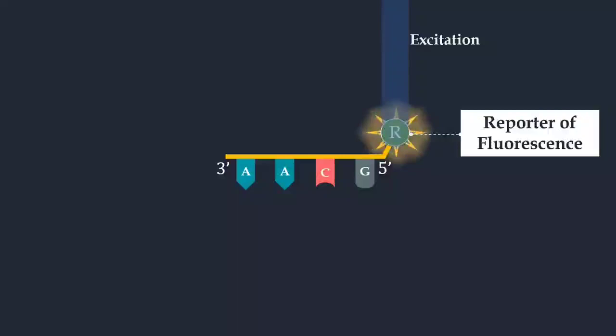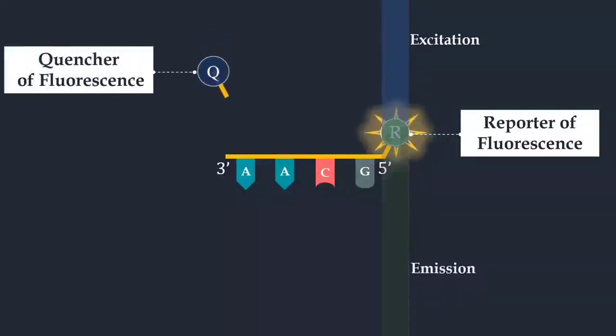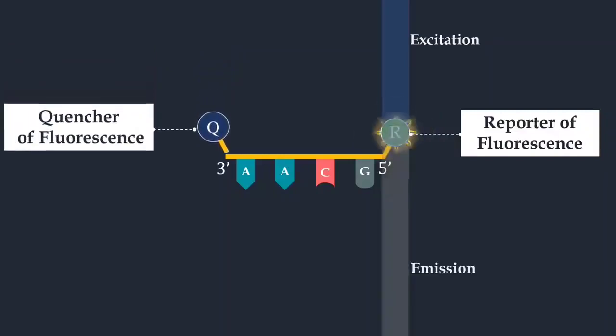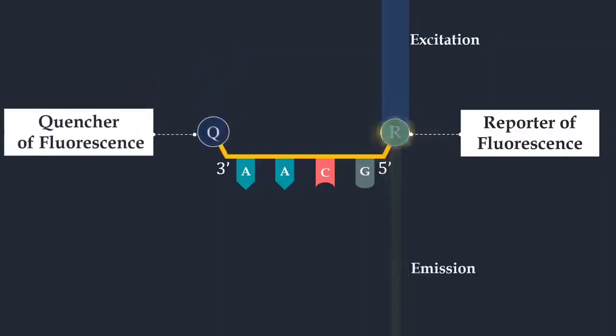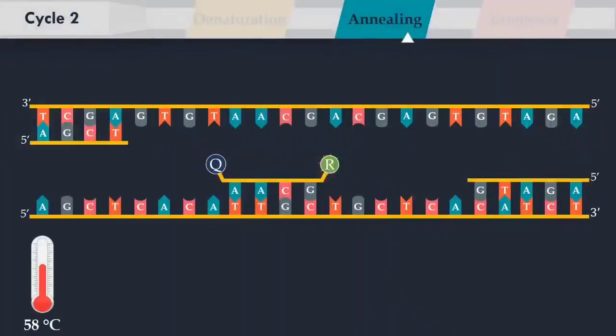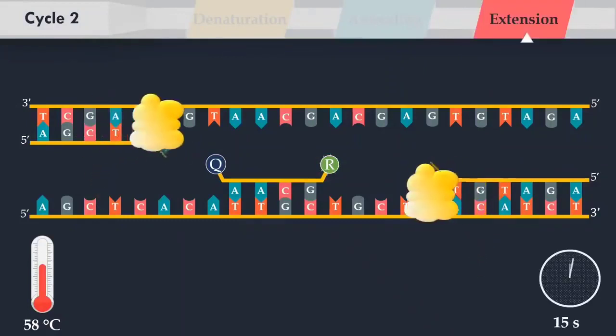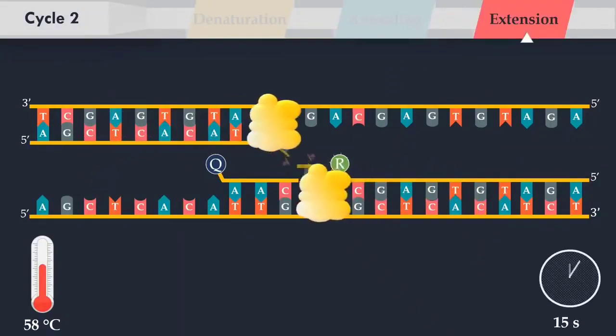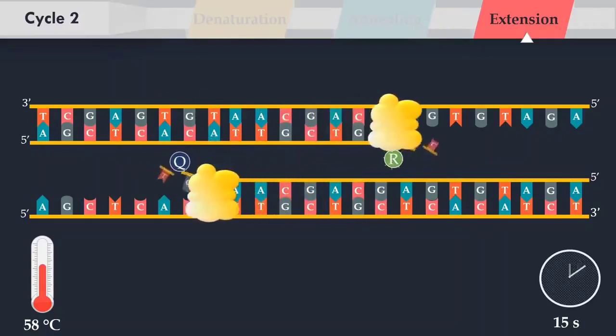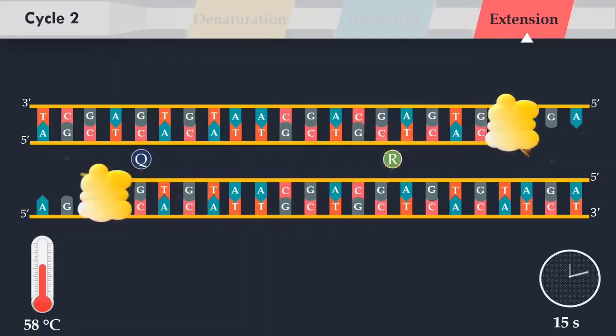The fluorescence is emitted by the fluorophore when it is excited by the cycler's light source. Also, this probe consists of a quencher at the 3' end. The close proximity of the reporter to the quencher prevents detection of its fluorescence. In the extension step, DNA polymerase synthesizes new strands. When the polymerase reaches a TaqMan probe, its endogenous 5' nuclease activity cleaves the probe, separating the dye from the quencher.